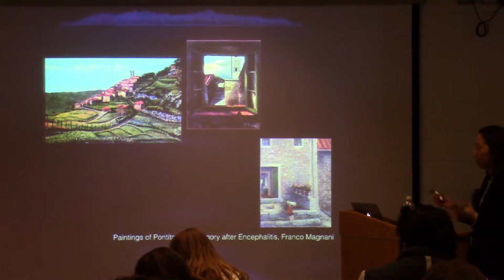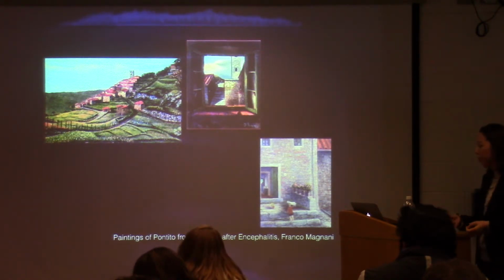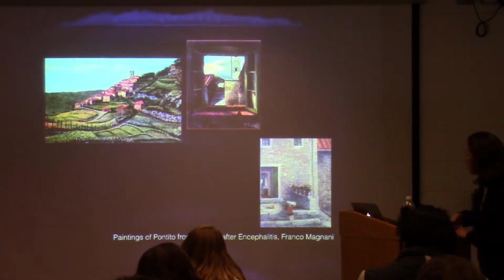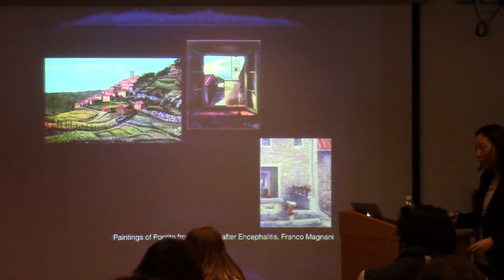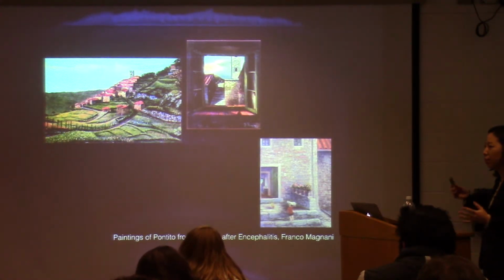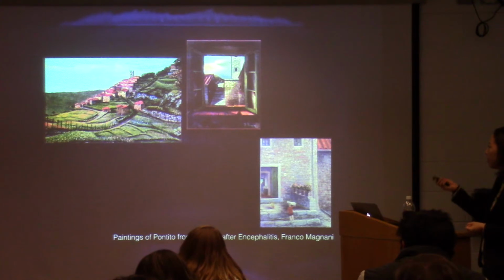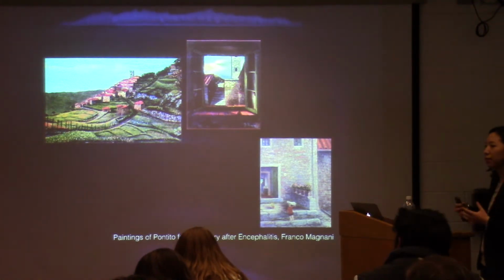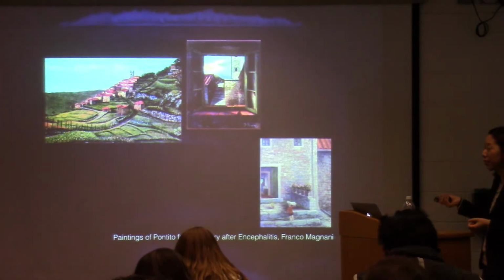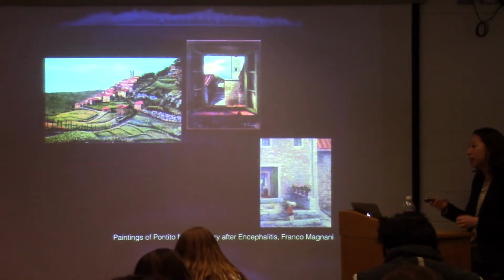He became very obsessed with his hometown back in Italy, the town of Pontito. He couldn't stop talking about this town, and all he did was talk about his childhood there in a very detailed manner. These are some of the landscapes of that town that he created just sitting in his room. There was no reference point, no pictures that he looked at.